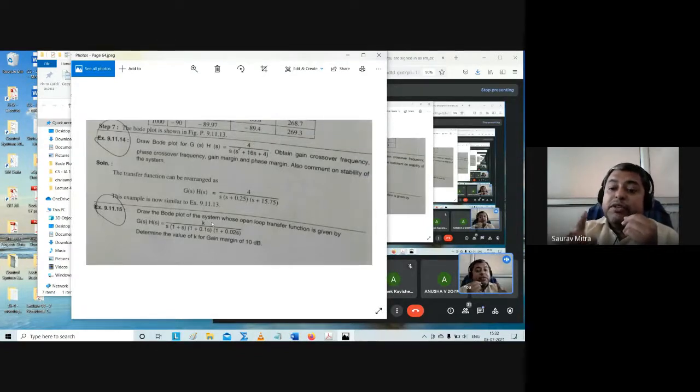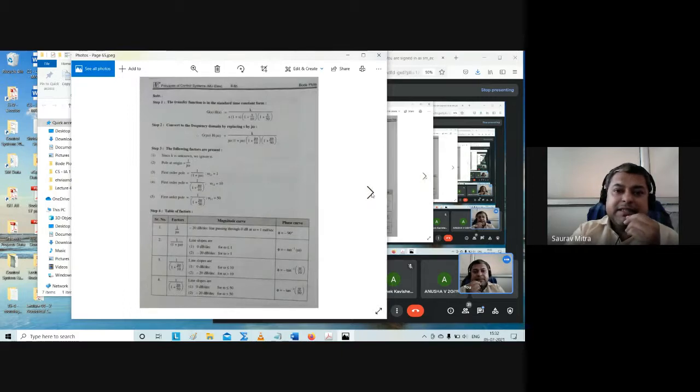I have not given you the k, or the parallel amplitude which comes at the starting part, so you have to design that. First you have to find the frequency dependent part, their resultant. From there you have to find omega gc, and then what is asked here: determine the value of k for gain margin of 10 dB. Very important numerical. Let us see.